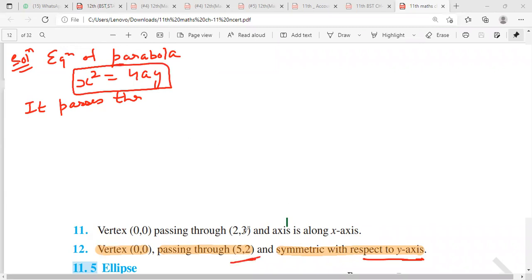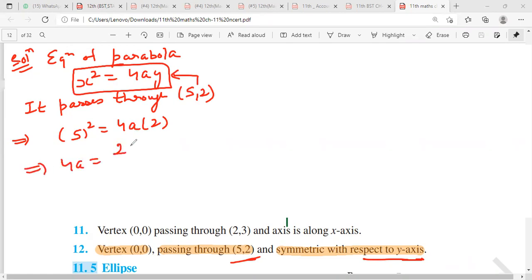According to the question, it passes through 5, 2. That means this point will satisfy this equation. So in place of x, we will put 5, and in place of y, we will put 2, which implies 5 square is equal to 4a into 2. So can I say that 4a is equal to 25 by 2?